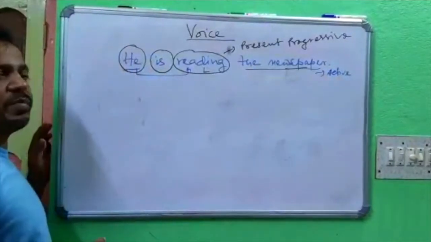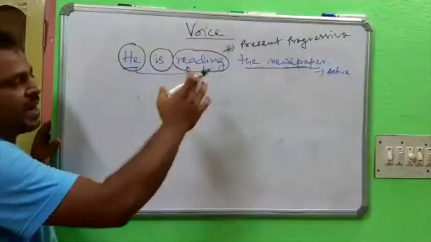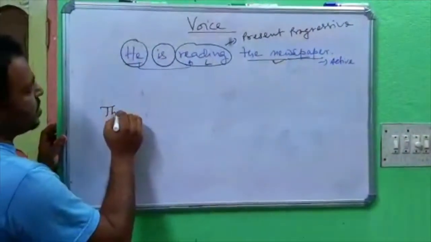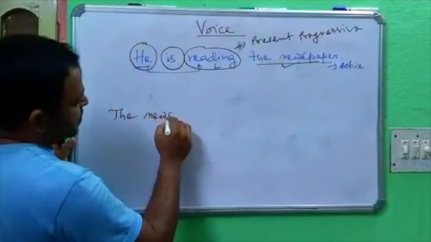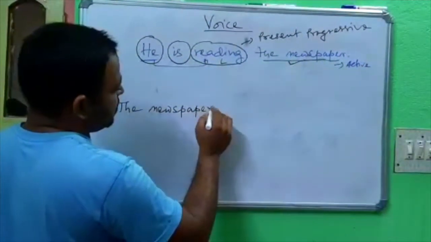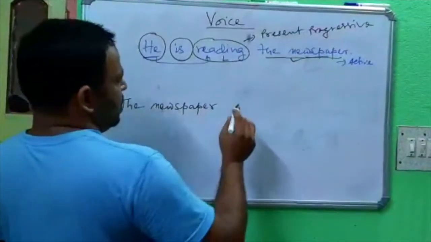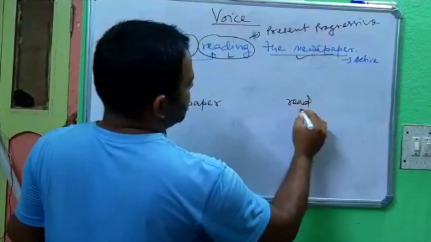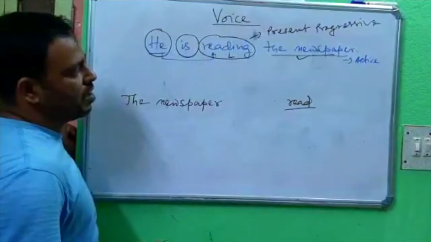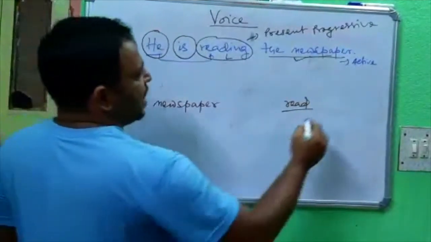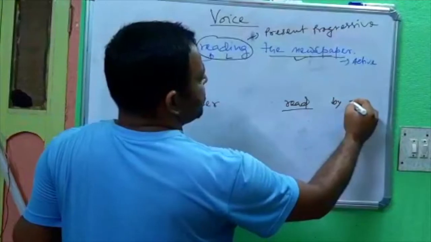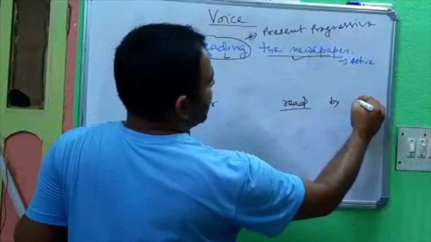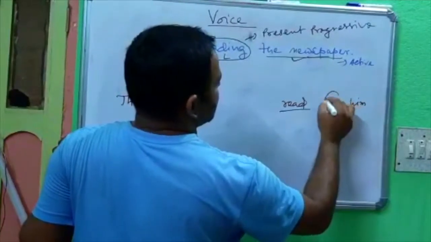According to the rules of changing from active to passive, the object of active voice should be used as the subject, the newspaper. The finite verb is to be used in the passive voice, that is past participle form of read, and the subject will become an object with a preposition, that is by.